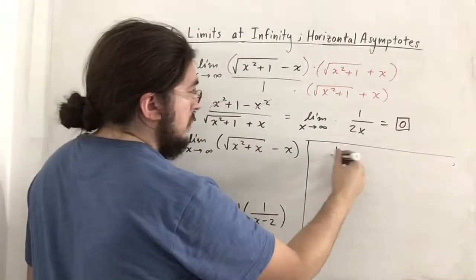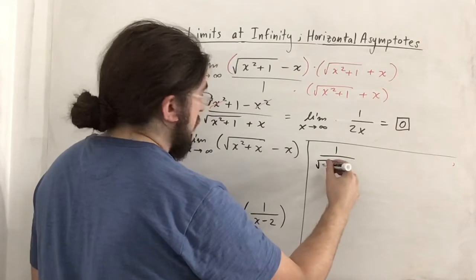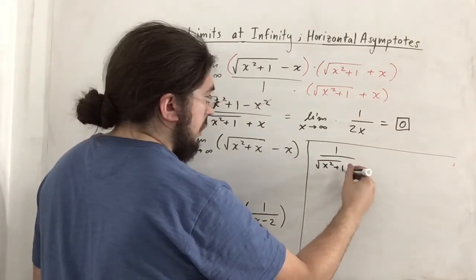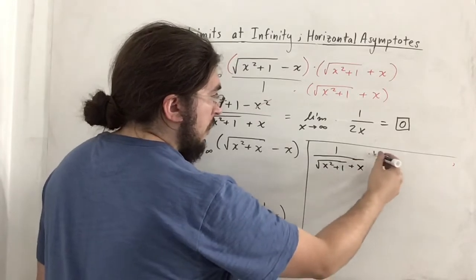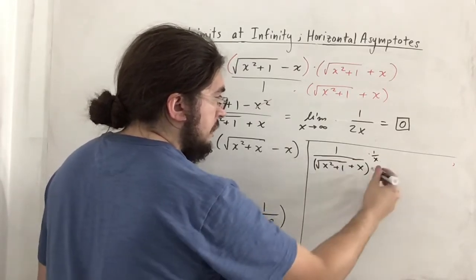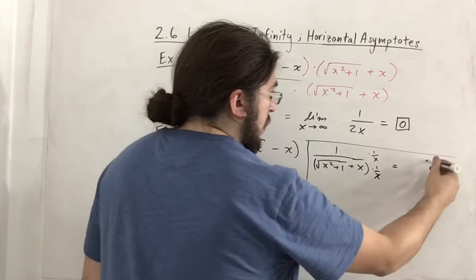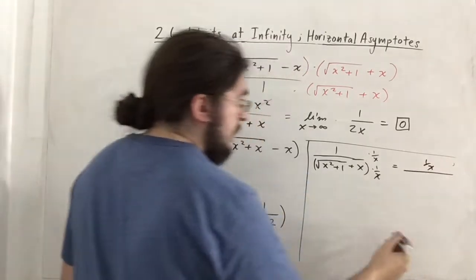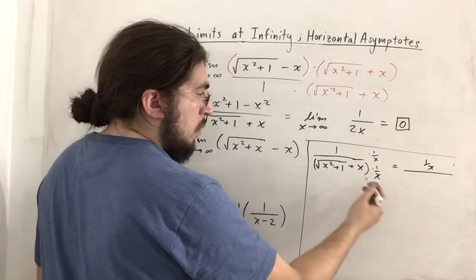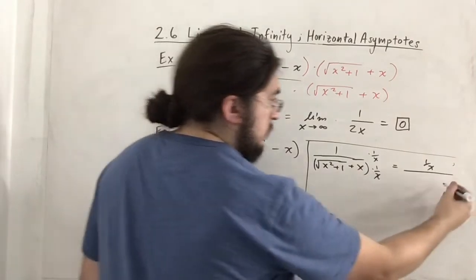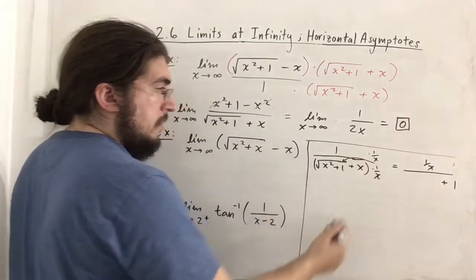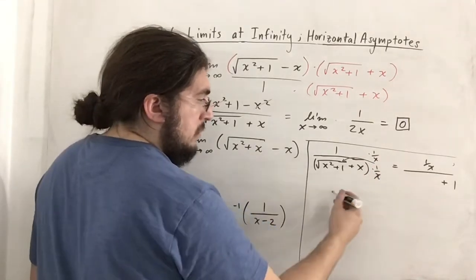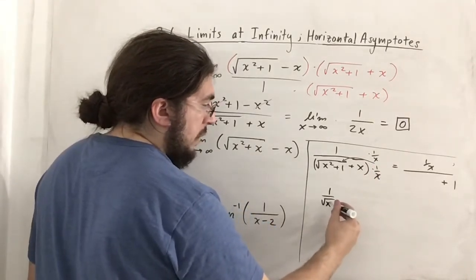So what we had was this, 1 over, and I'm not going to write the limit part, just so I don't write too much. So we multiply top and bottom by 1 over x, which is the largest power. We get 1 over x on the top. In the denominator, if you distribute this 1 over x over x is 1, so the last term will be positive 1. When you distribute it into the radical, though, you have to consider this 1 over x as 1 over radical x squared.